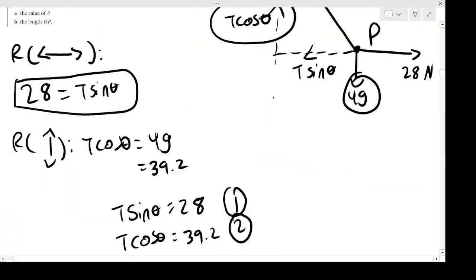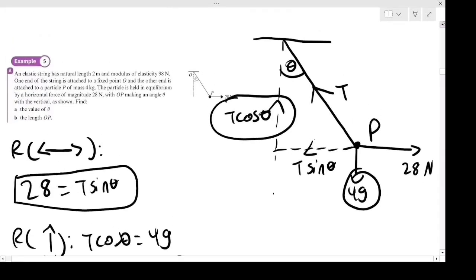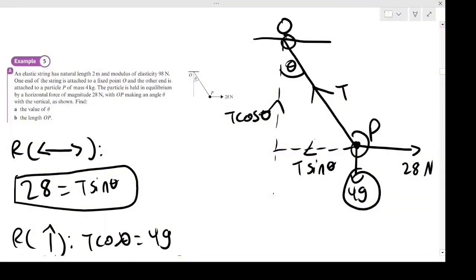Then for part B, they want me to find the length OP. Now I should say again, O is here and P is there. So in other words, they want the length of the string, because the string is OP.